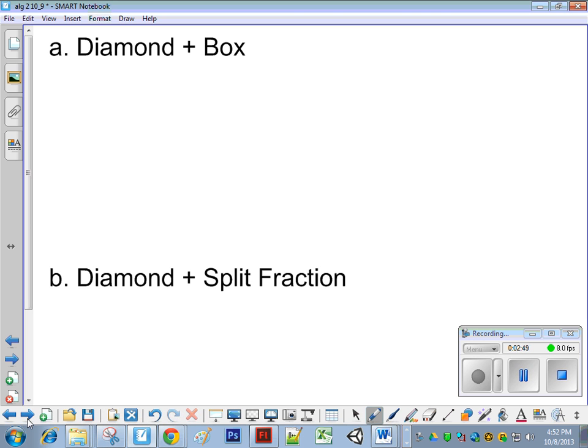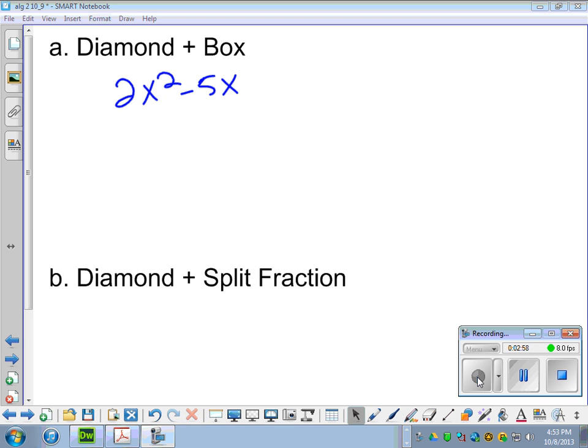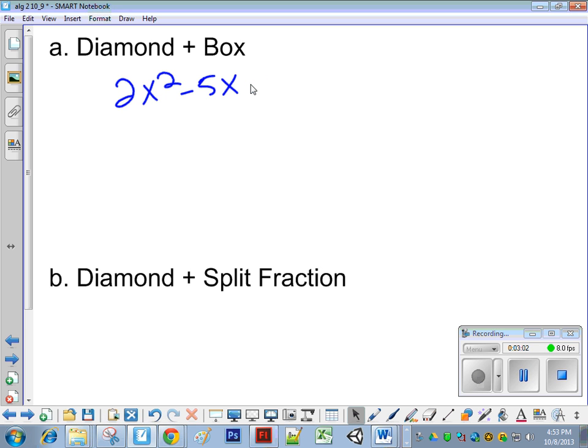Let's say I've got something along the line of this. 2x squared minus 5x, and then I'll go ahead and say minus 12. Okay, so our first step on this is to go ahead and multiply a times c.